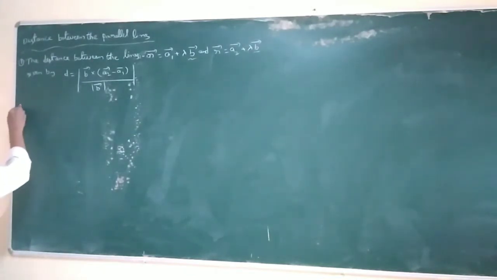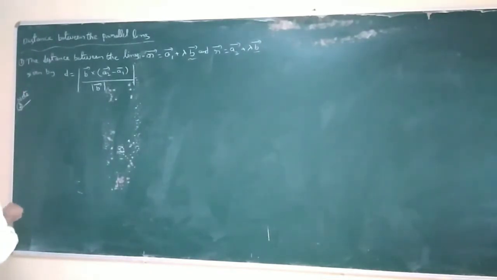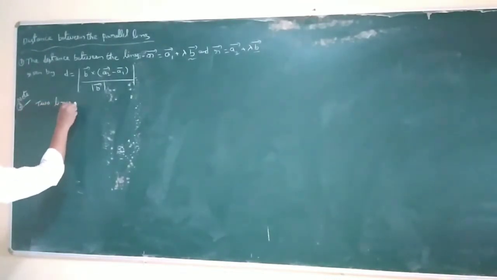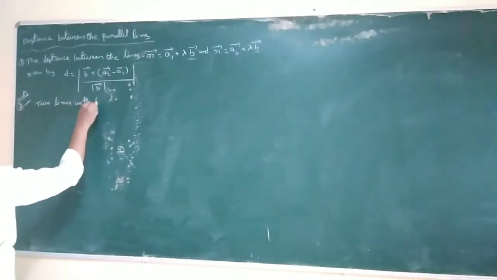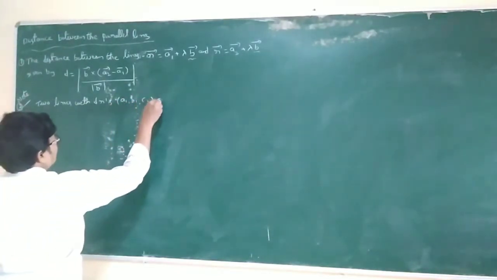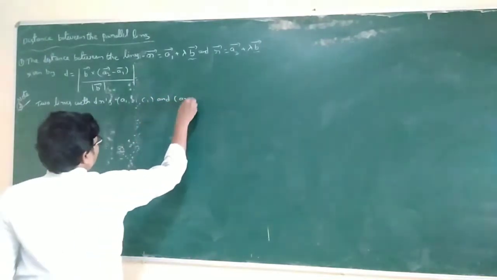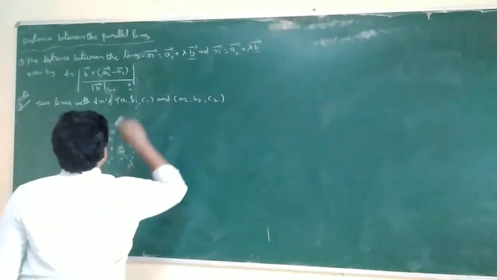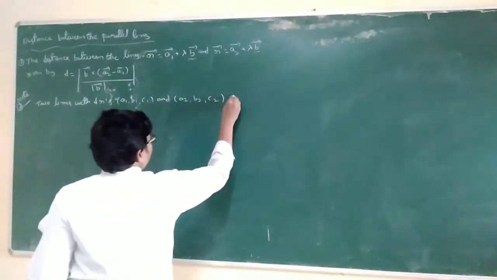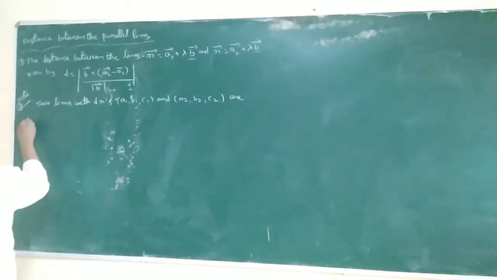And second one is a note, very important note. Two lines with direction ratios A1, B1, C1 and A2, B2, C2 are, first one, perpendicular.